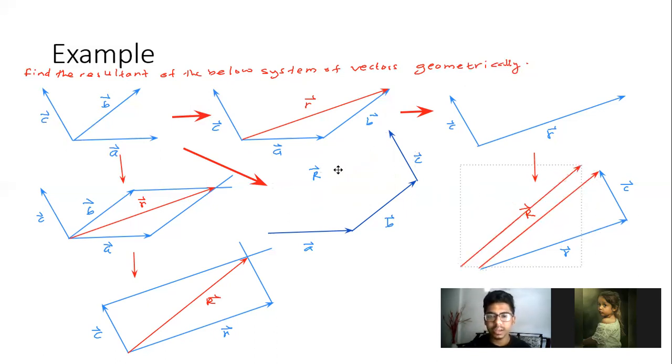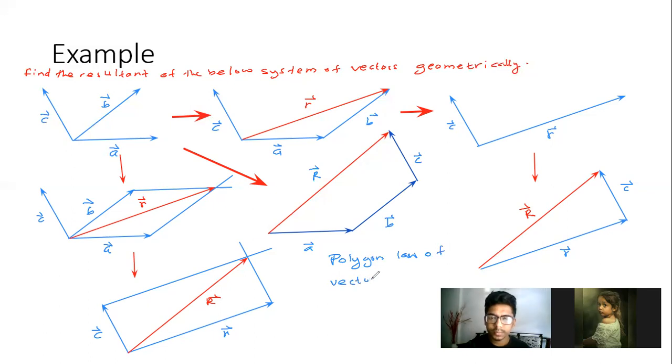A little bit deviated, but it's correct. So this method of finding the resultant is called polygon law of vector addition.